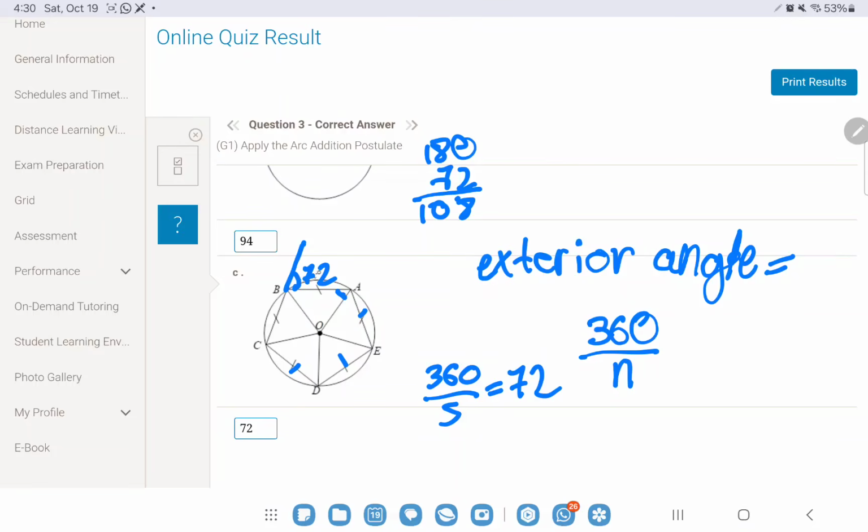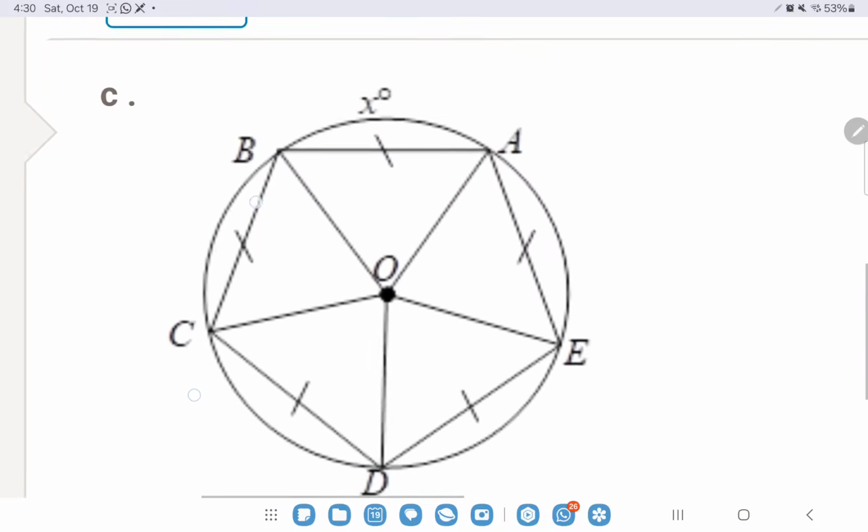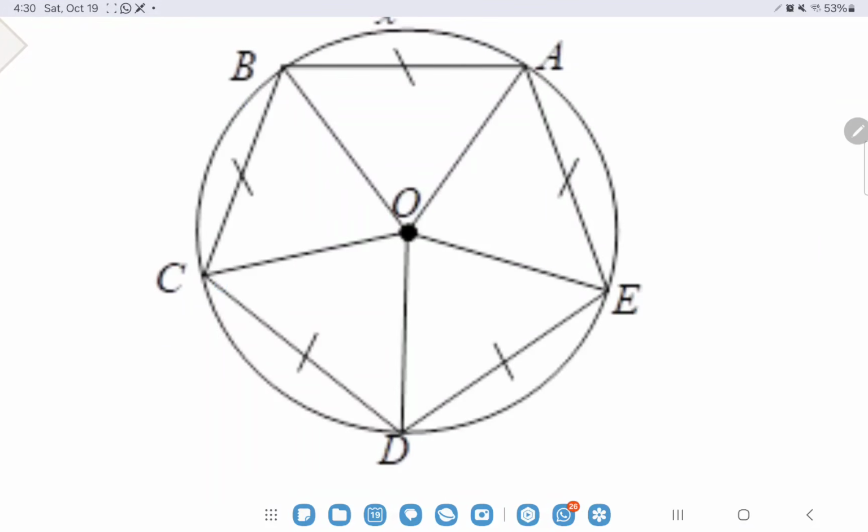So we know that. Can I make the screen bigger? Let me just make it bigger, it will be easier. So you have 72 here. And this all, I'm gonna double line it, is 108. So making each side 54, 54. And you know these are isosceles triangles, so this is 54.